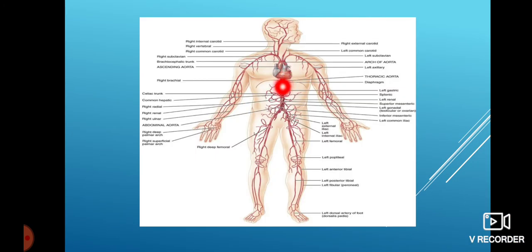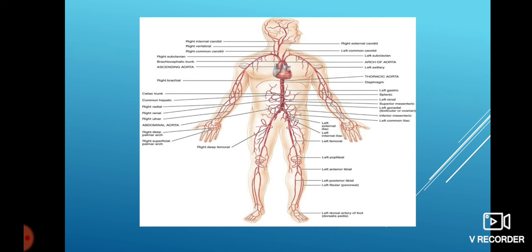Now, this thoracic aorta pierces the diaphragm, and this is entering into the abdomen. The piercing of the diaphragm takes place at the 12th thoracic vertebra, and after entering through the diaphragm, the aorta is called abdominal aorta.